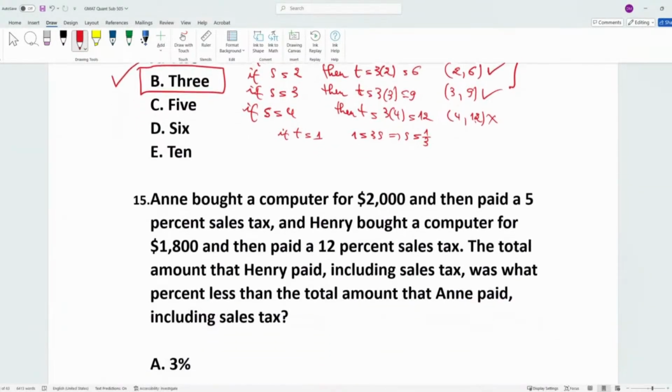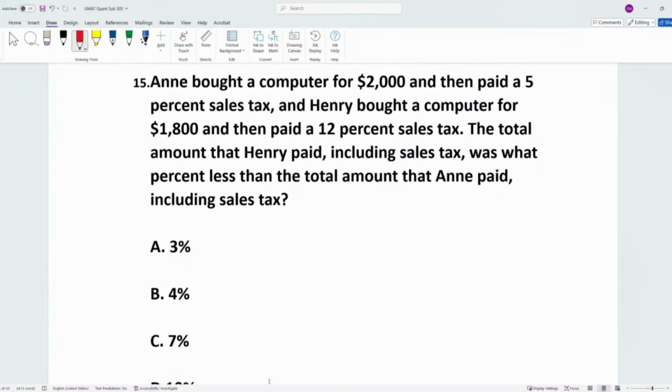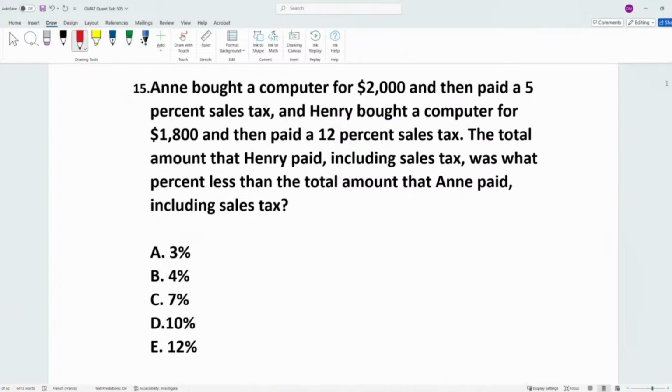Question 15. This question can be a little bit tricky.